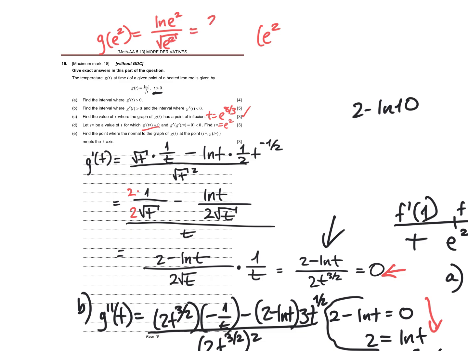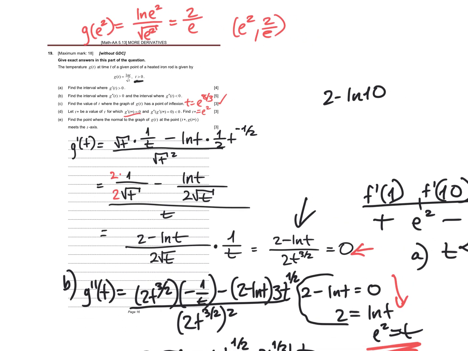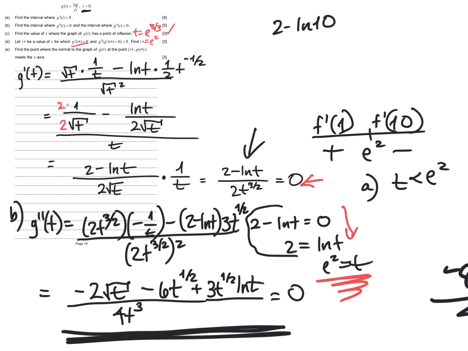So this is 2 over e. And the normal to the graph. So if we've got a horizontal tangent, there's like a max or a min here at e squared because the derivative is 0 there.